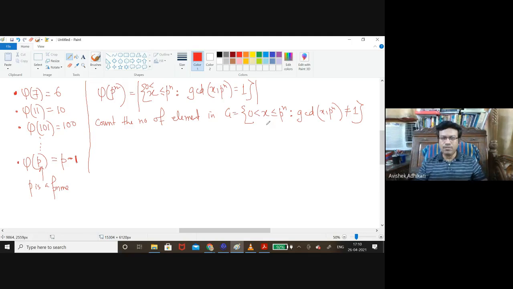So I want to calculate the number of elements x such that GCD of x and p to the power n is not equal to 1. Mind that here p is my prime.